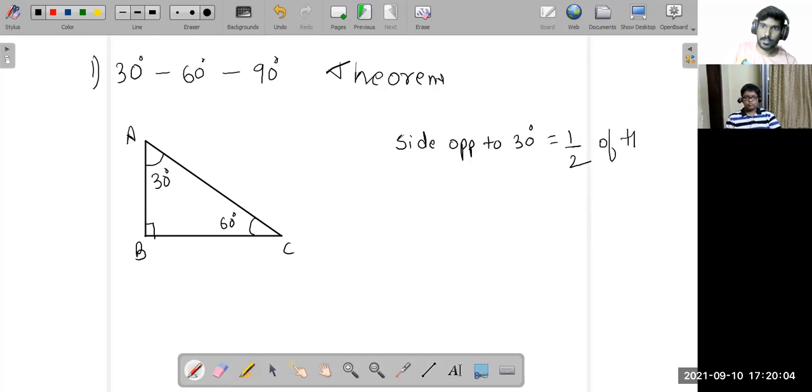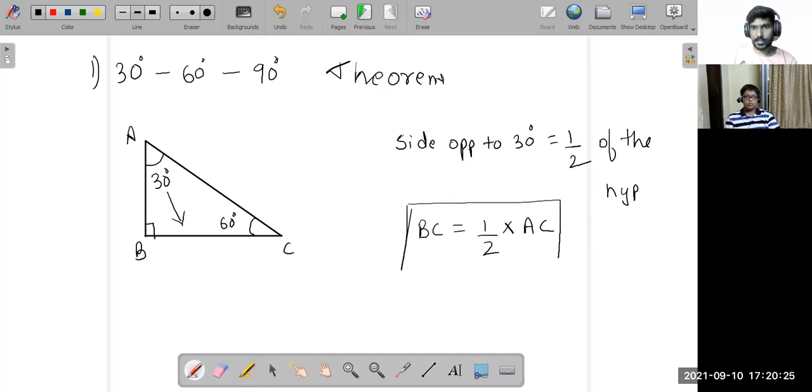Now can you tell me which is the side opposite to 30 degrees? BC. So the length of BC will be half of your hypotenuse, which is AC.